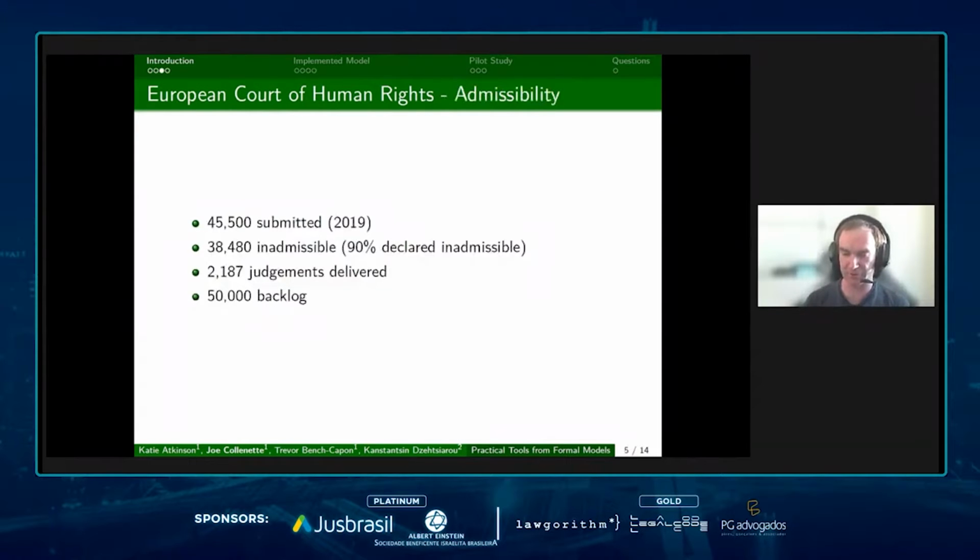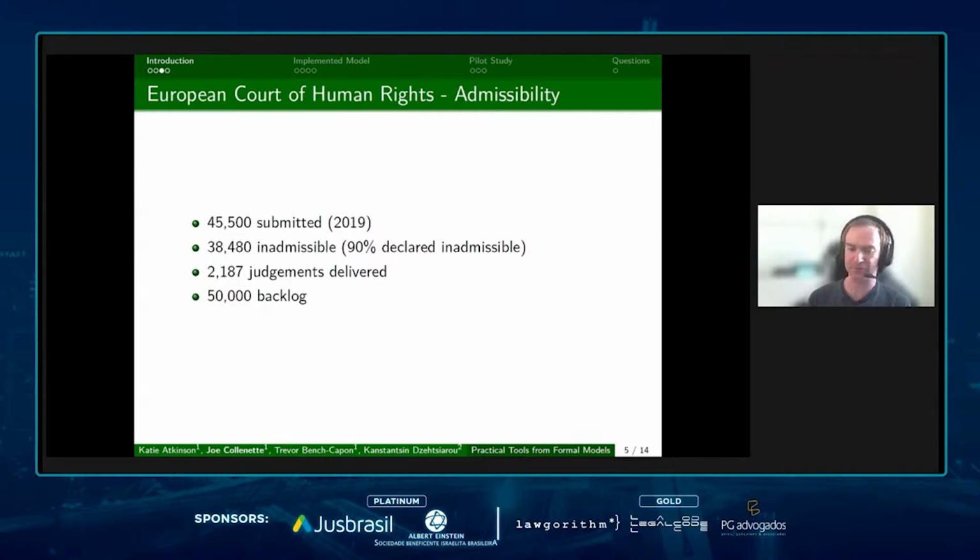So we've chosen admissibility specifically rather than the outcome of cases, as this is a major issue that the lawyers we've spoken to have identified. To show you the scope of the issue, in 2019 there were approximately 45,500 applications submitted to the European Court, but only 90% of these were declared inadmissible.